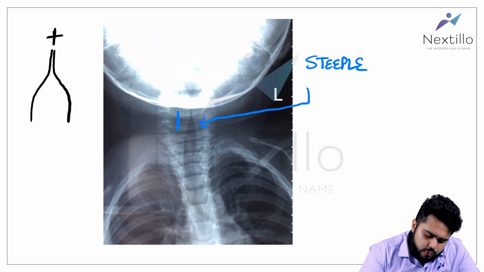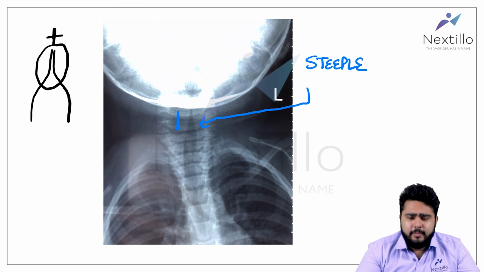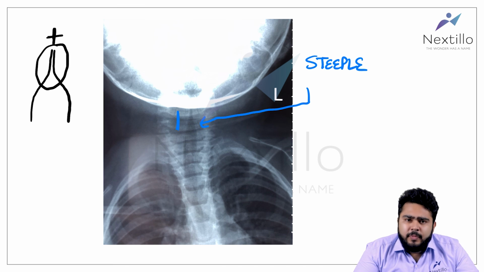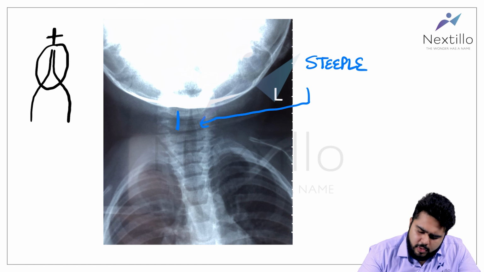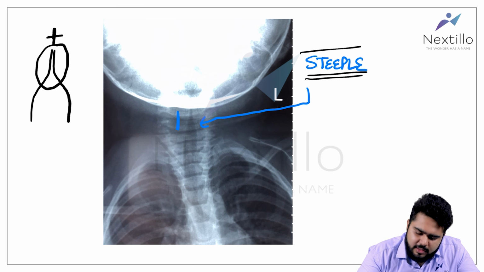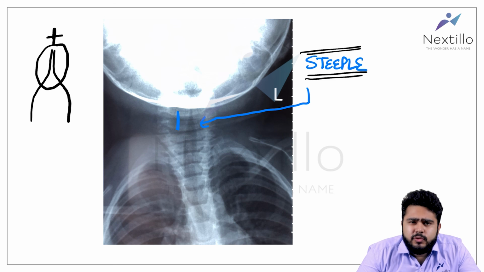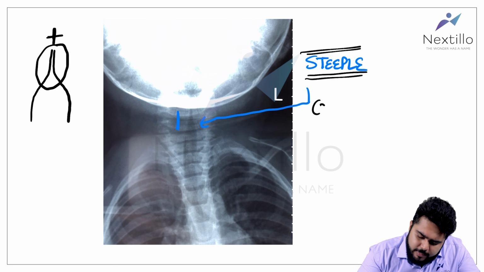Specifically, churches used to have this. So this part is what we call a steeple. So here the narrowing, and what is the condition in which we see steeple sign? You might be able to guess steeple sign, but they'll ask you what is the condition associated with it. That'll be croup.